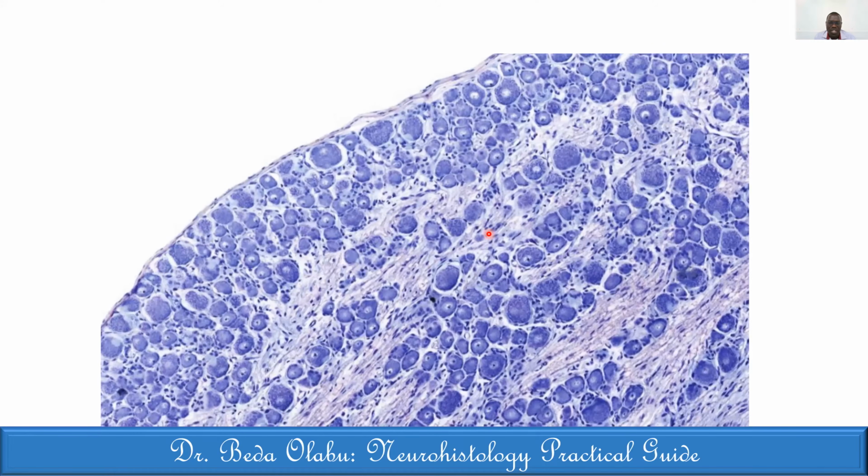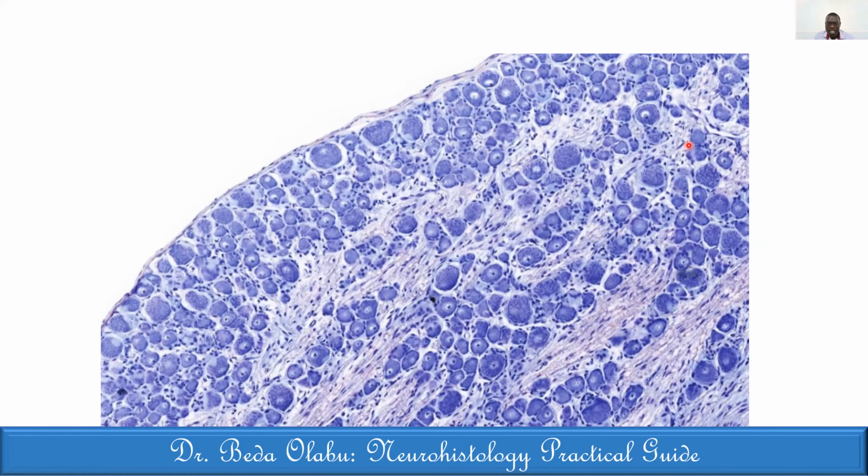A high magnification confirms the presence of the capsule, but it also confirms the presence of several large cells within the capsule, rounded, ovoid, large cells. And we see some fibers interspersed between the cells.